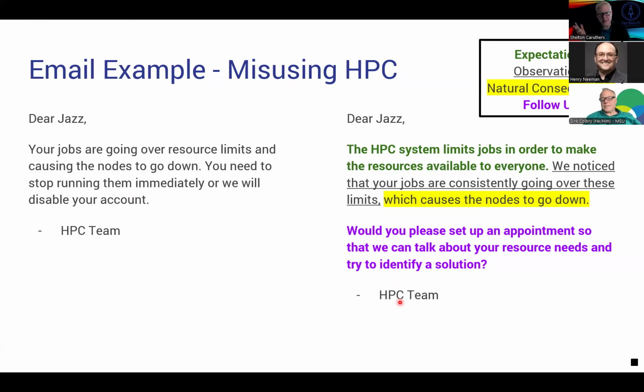And some people might have said it needs to be more formal and say, Dear Doctor Smith. So we could, for example, have said John Doe, head of HPC team, or something like that. Great example. Great feedback. Thank you.